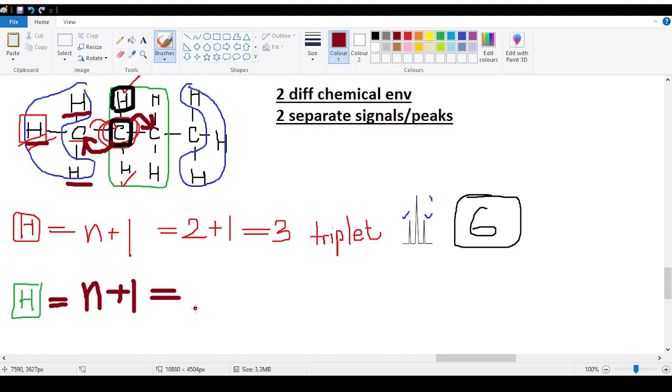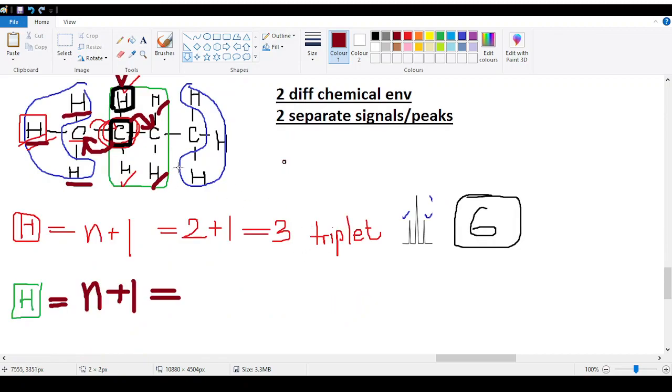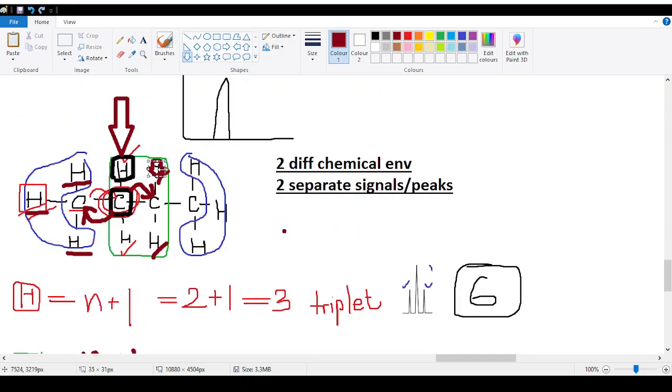But this hydrogen and this hydrogen have the same environment as this one. So remember, we are focusing on this hydrogen here.